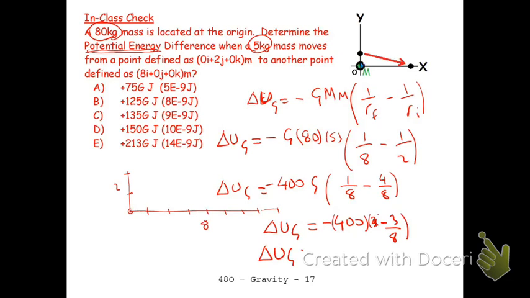Delta Ug is equal to plus 150 G, if I got my big G, joules. It's that guy.